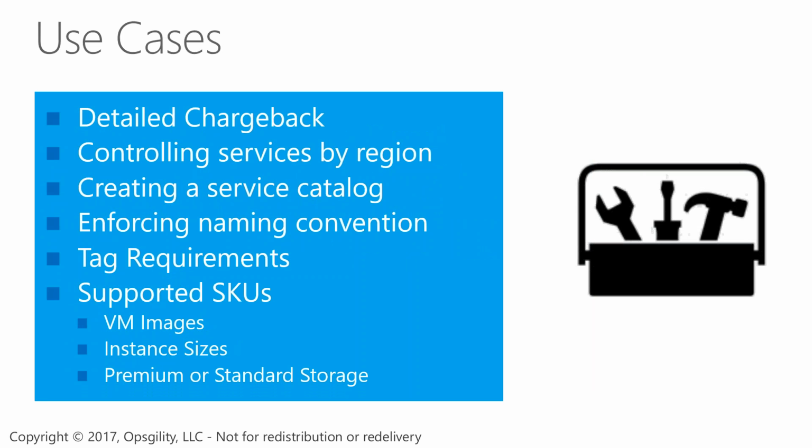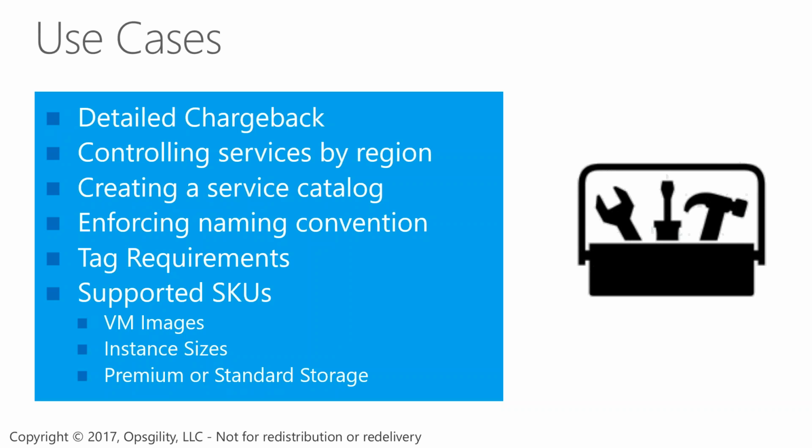Some of the use cases for policies, they're very, very flexible. We could talk about use cases for quite a while, but these are just a few examples. We could do things like detailed chargeback through forcing the use of tagging and resource group membership. We can control what services or where services can be deployed.